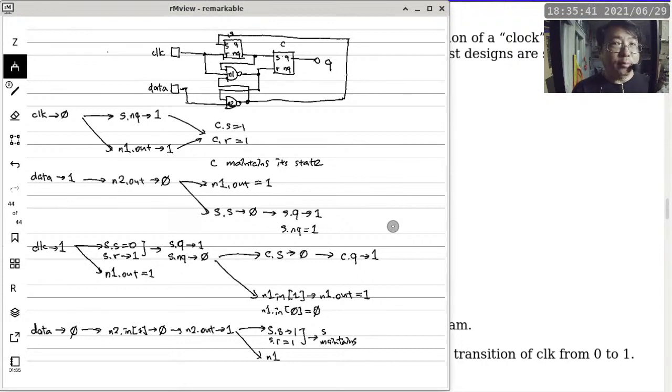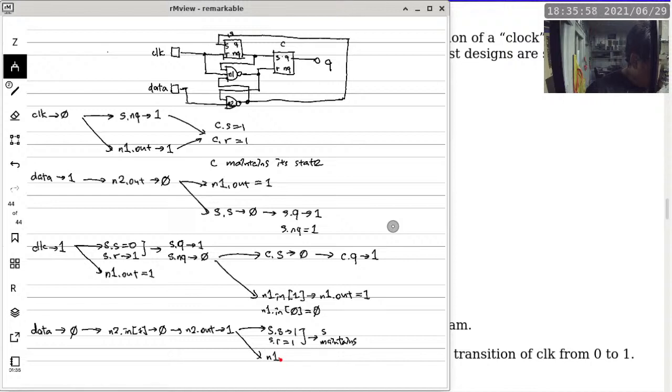All right. So getting back to N1, right? N1 has 3 inputs, but the output of S.NQ, which was changed at this point to a 0, was never changed by any other transitions.